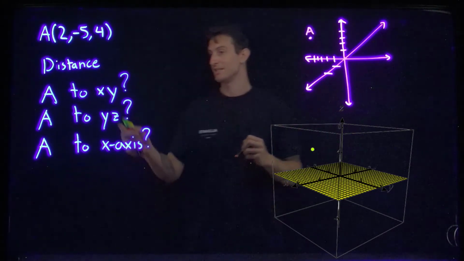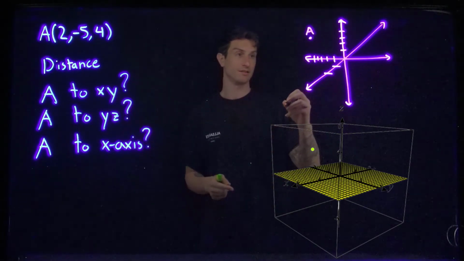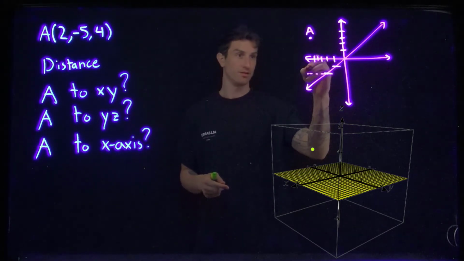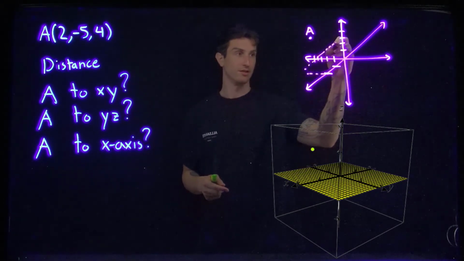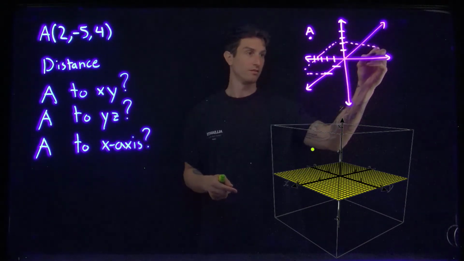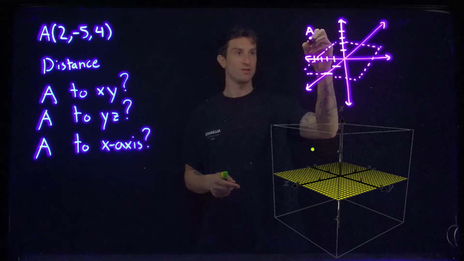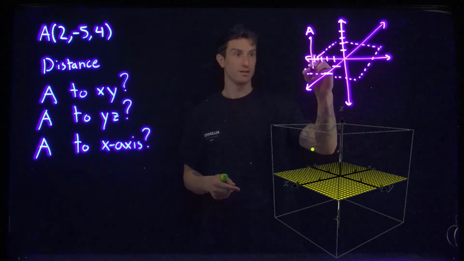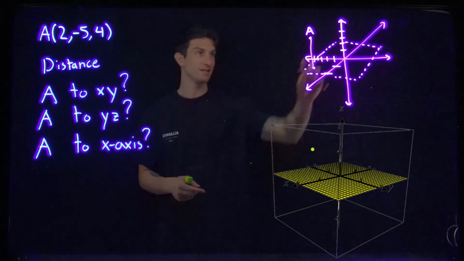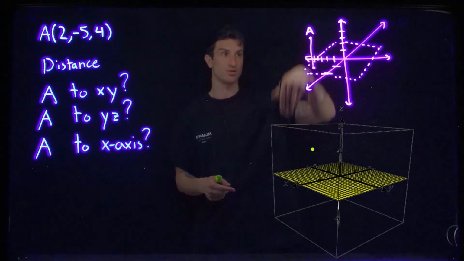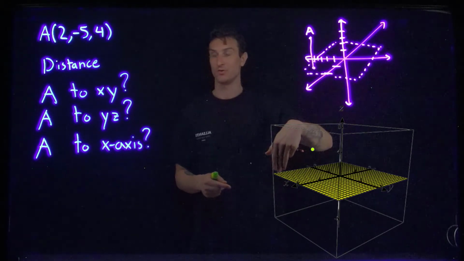All right, so we have this point A. And I want to know the distance to the xy plane. Well, you could think of it kind of like this, this is the xy plane here. It's a decent xy plane, right? And I want to know the distance to the xy plane. Well, I can just draw it straight down to the xy plane. So what does this end up being? If I want to know the distance from A to the xy plane, I just draw a line straight down in the z direction, right?